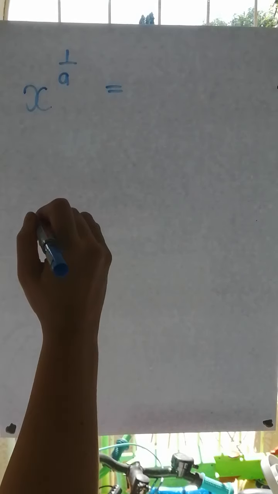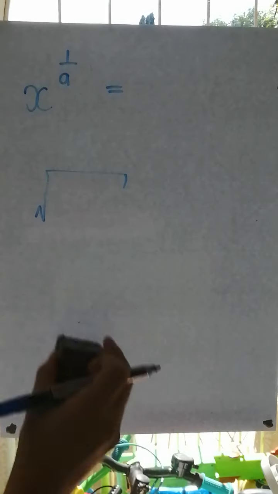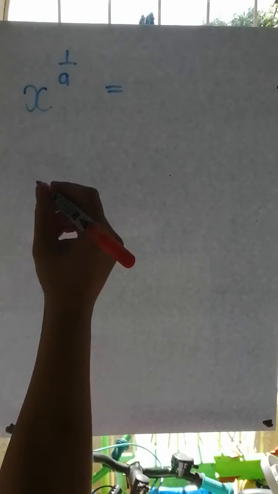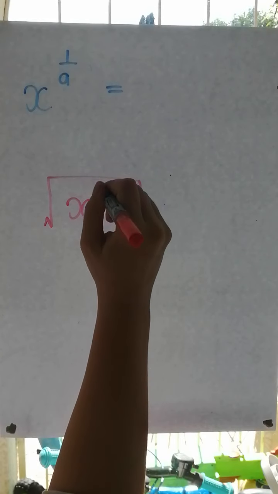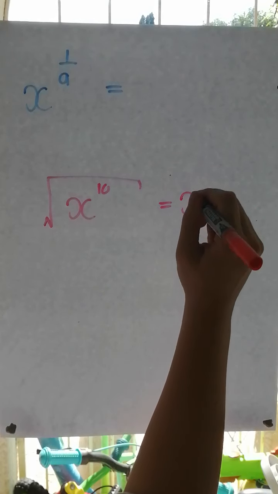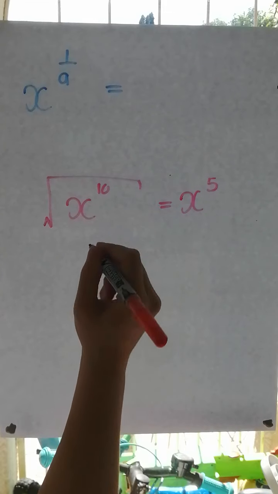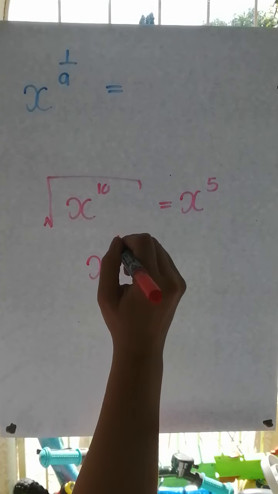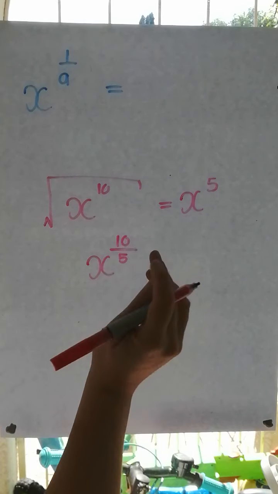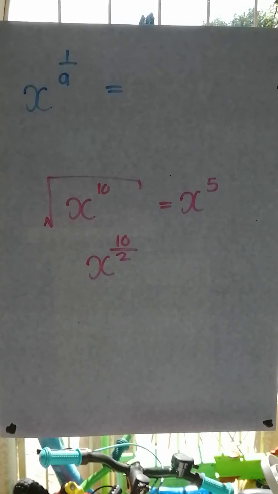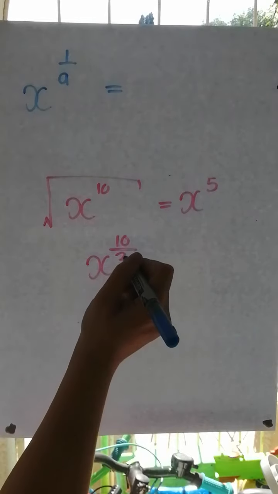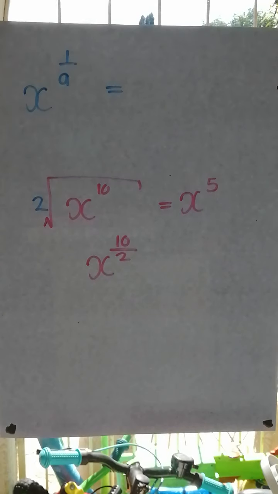Well, what you should know is that if I take the square root of x to the power of 10, the answer is x to the power of 5. Why? Because x to the power of 10 divided by 2 gave me x to the power of 5, right? So where does this 2 come from? This 2 comes from the outside.